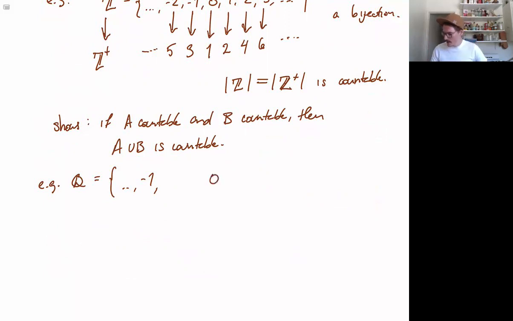So you have the integers like this, which go on in both directions, but you also have fractions, and you have infinitely many fractions between any two integers. So is there any hope that we can make this thing countable? Can we put this in bijection with the positive integers?